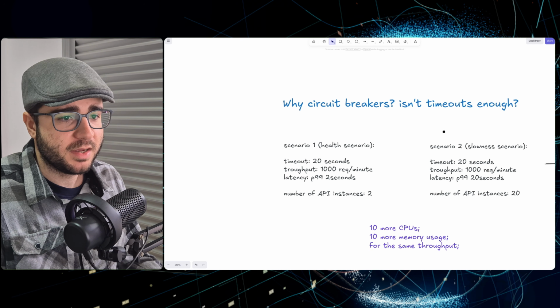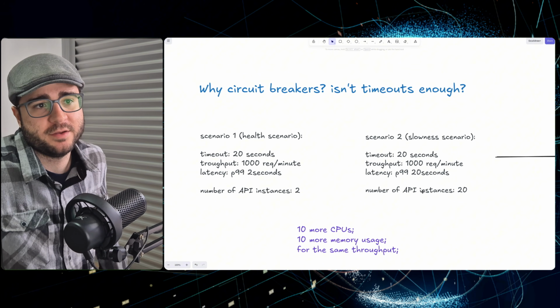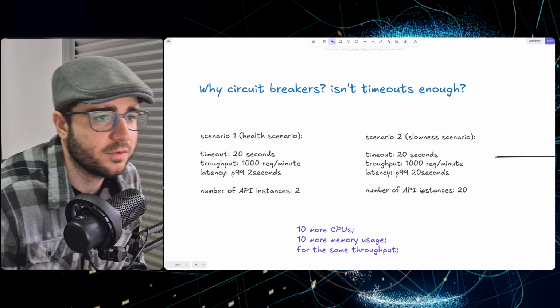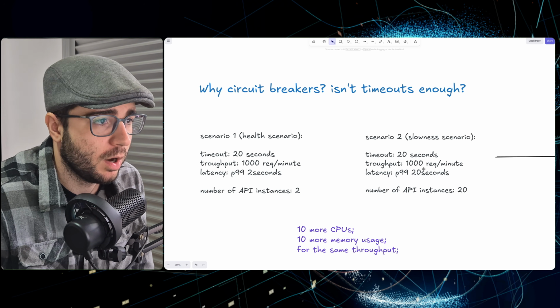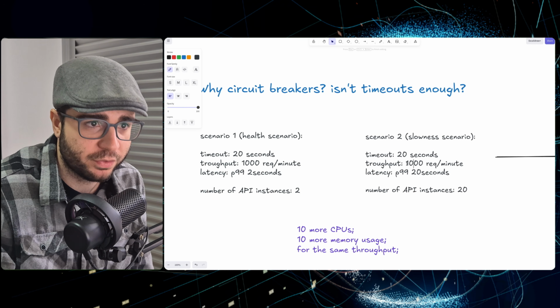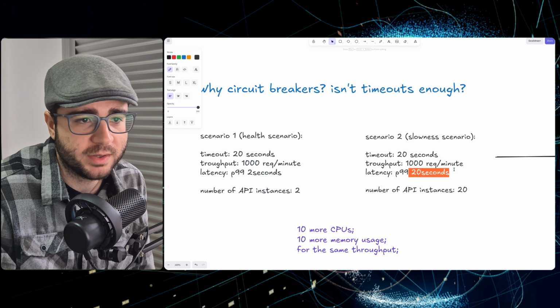Okay, but then we have a scenario where things start to get weird, when most of our calls start to fail because we have this slowness problem with this external API. So with our timeout of 20 seconds, we have the same amount of throughput, but then our P99 latency goes to 20 seconds.